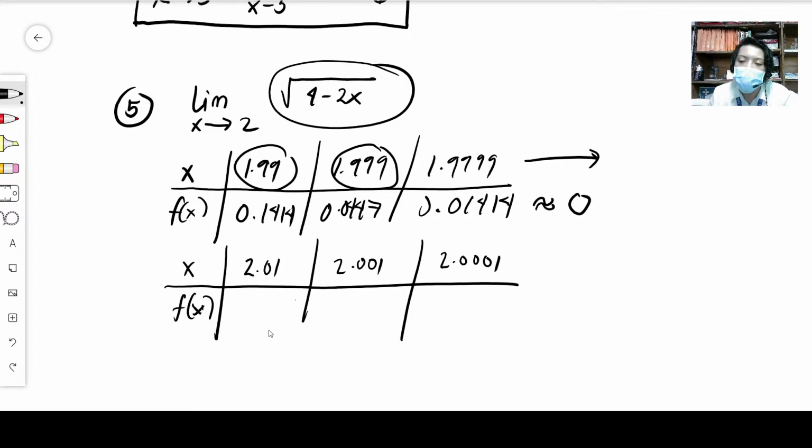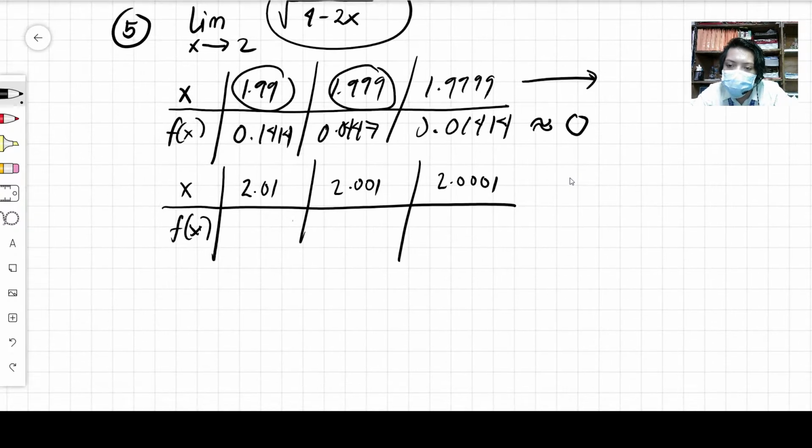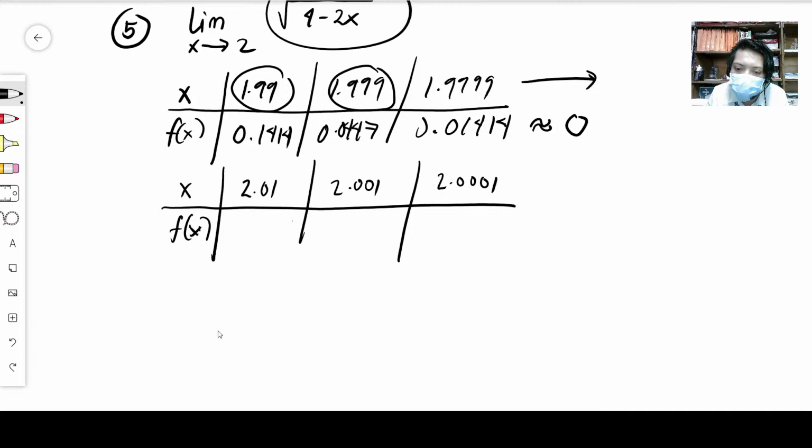Actually, you don't need to solve these, because if your value of x is greater than 2, let us inspect the function. The radicand, the value inside the square root, will be equal to 0 if your x is 2.